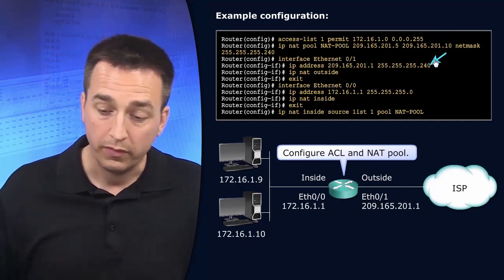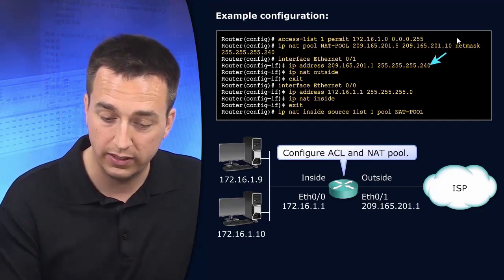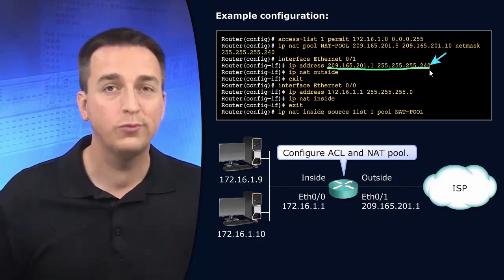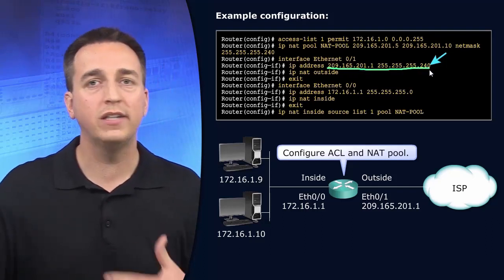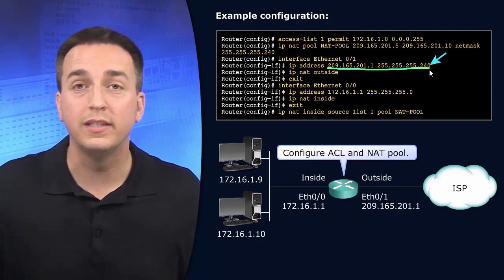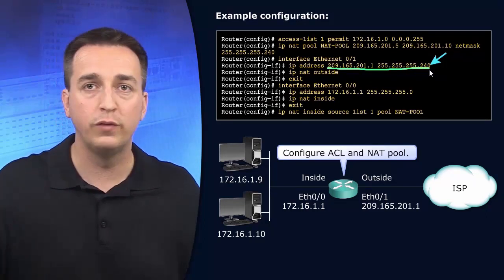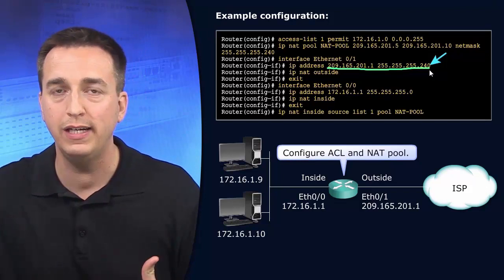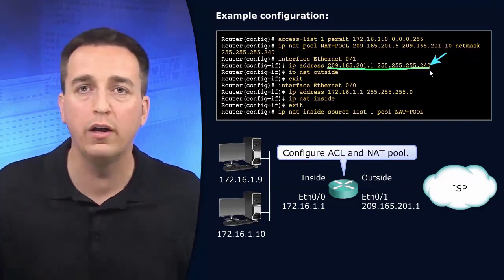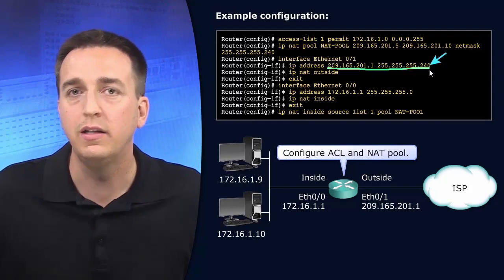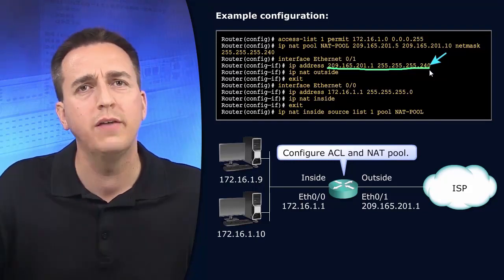Why? Because, as we discussed in our static NAT discussion, this right here is giving us a total of 16 addresses, 0 through .15. Can't use the first, .0, can't use the last, .15. We're using .1 on our local interface. .2 is being used by the ISP. That leaves us with 12 addresses left over.